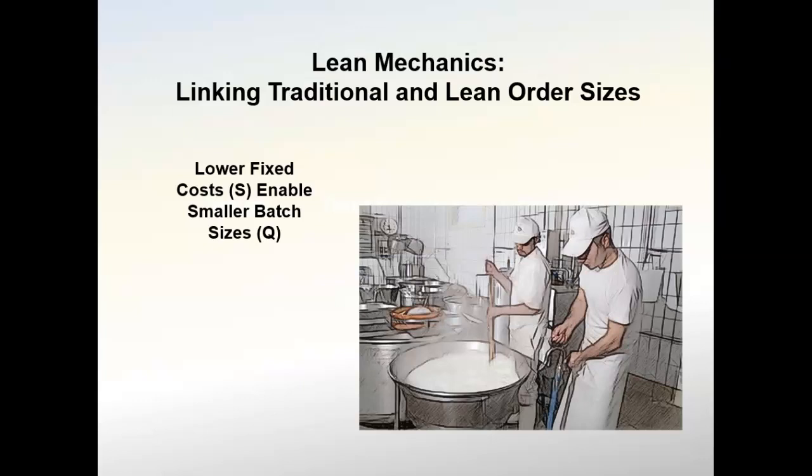So efforts to reduce fixed costs associated with ordering and replenishment can take on many forms depending on the situation. Now, these common improvements reduce the value of fixed costs.